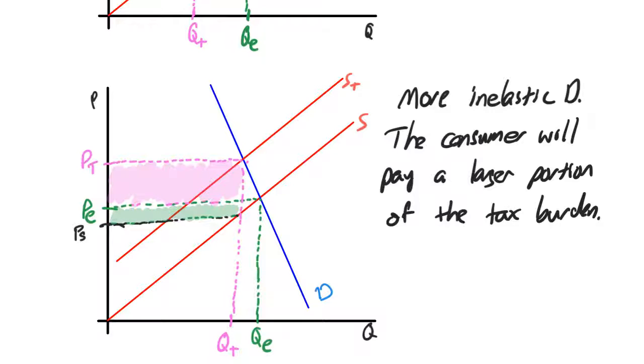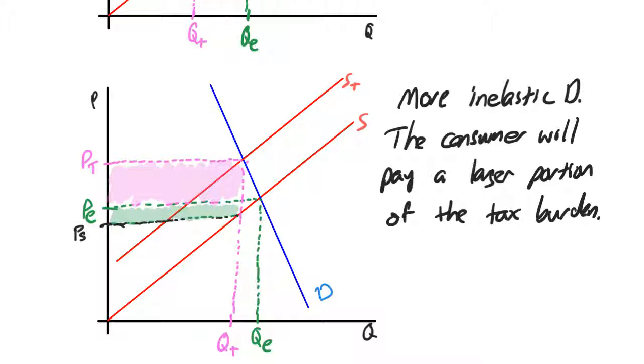So these are important ideas. These are ideas that will get tested and you'll be asked about. And I don't really expect you guys to memorize this stuff. What I expect is that you know what inelastic demand looks like. You know that it is a steep demand curve, and that you could sketch yourself a very quick example and look at these two different areas and conclude, oh, the consumer pays more, their portion is bigger.